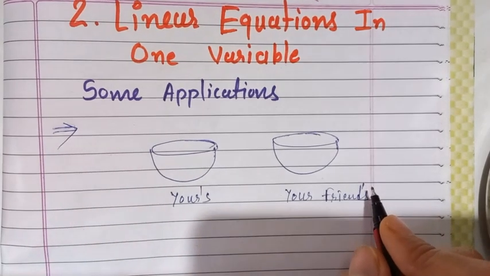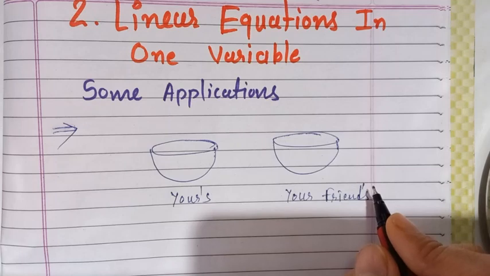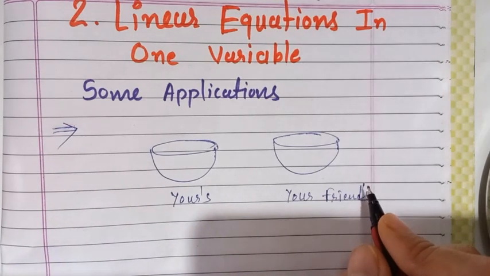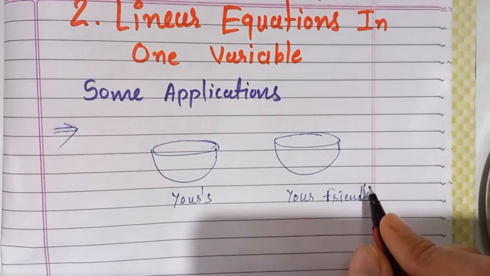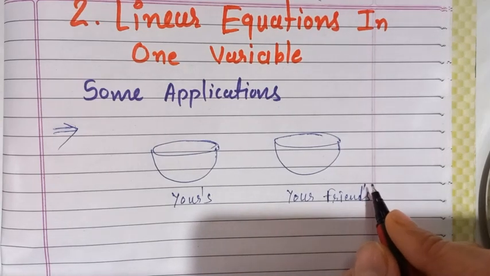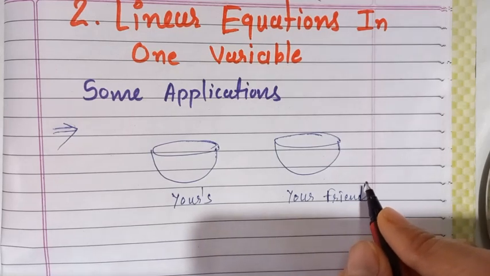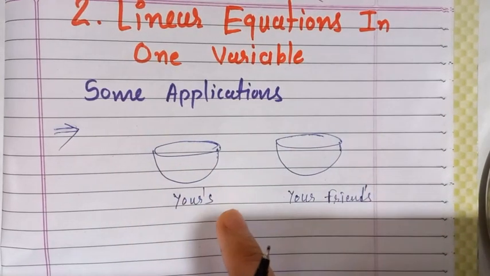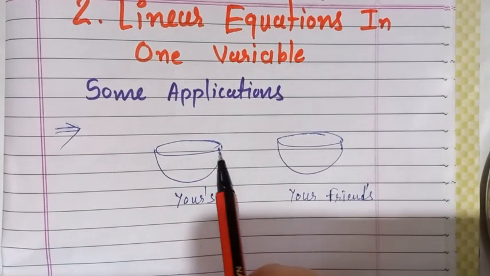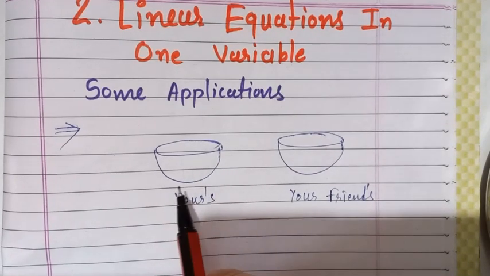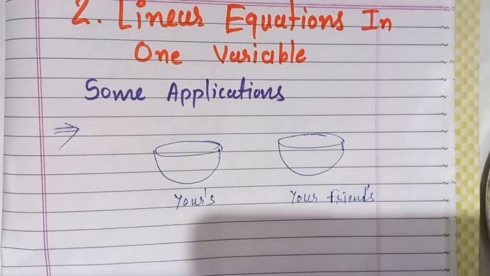It's like a variable, the value of the variable we don't know, but if we have some conditions then we can find the value of that variable. Here is the same situation. The number of apples in your bucket and your friend's bucket is a variable. We don't know it.